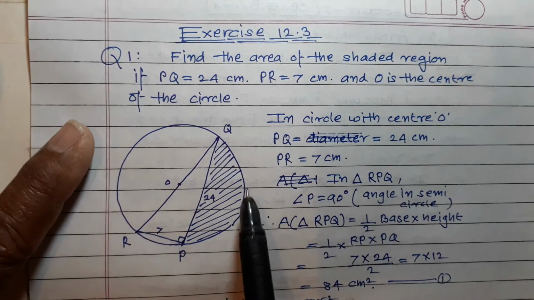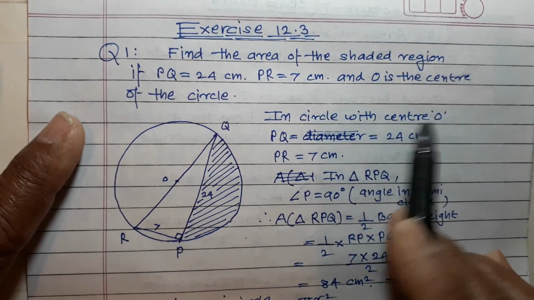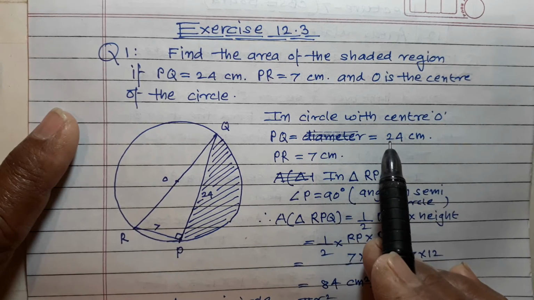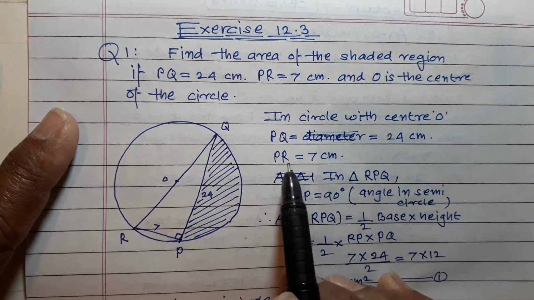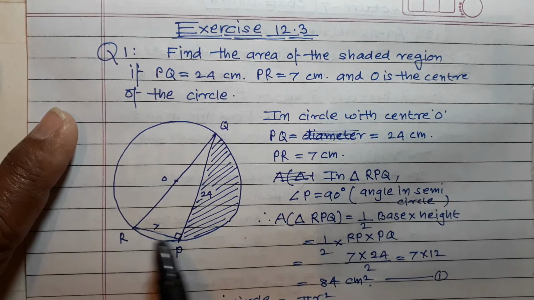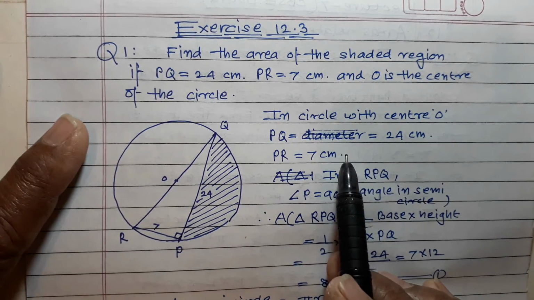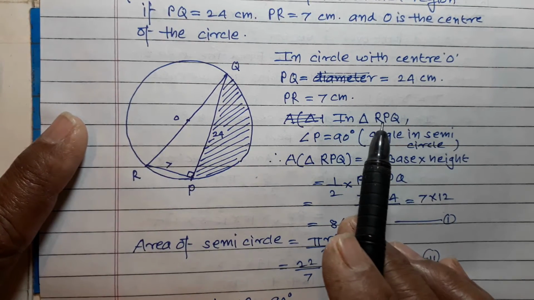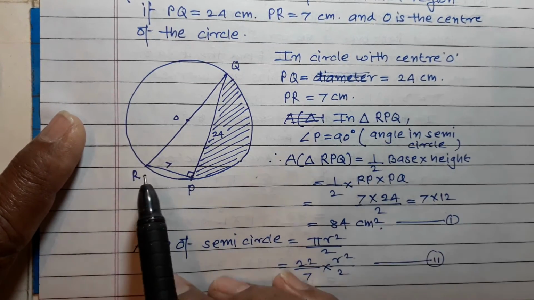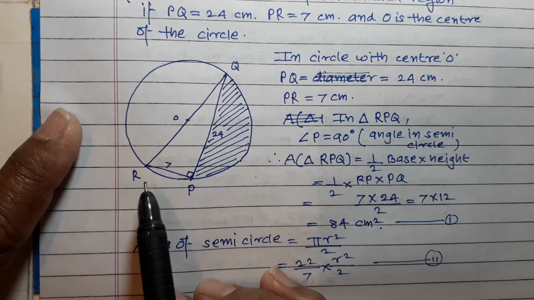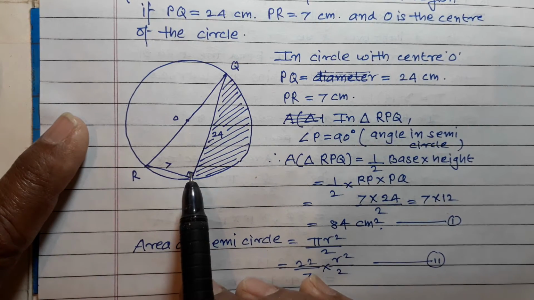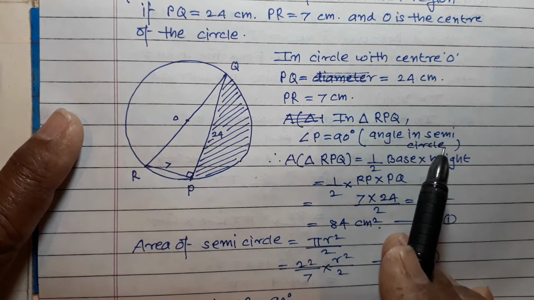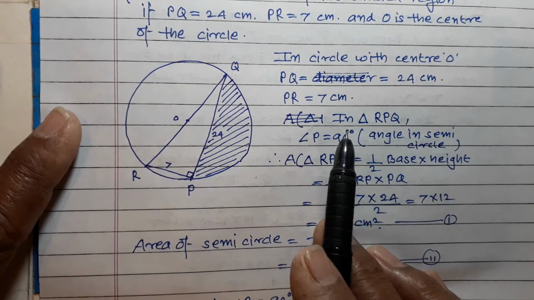Now in circle with center O, PQ is equal to 24 centimeters and PR is equal to 7 centimeters given, and therefore in triangle RPQ, this is diameter, and therefore this angle is equal to 90 degrees, because angle in a semicircle is equal to 90 degrees.